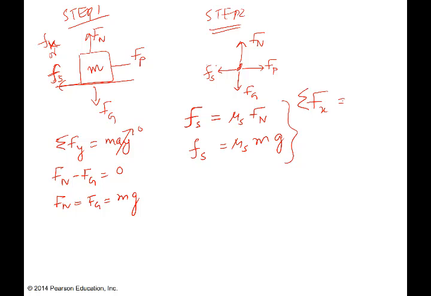So since the box is still in the static friction mode and it's not moving, we can say the net force is 0, because we are talking about part A where the force of friction is static.